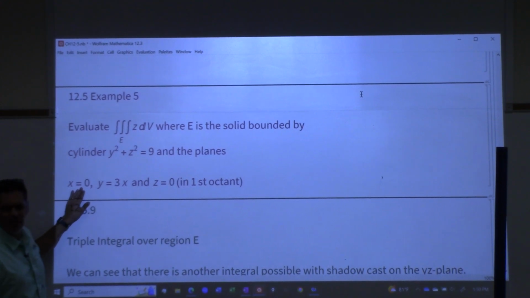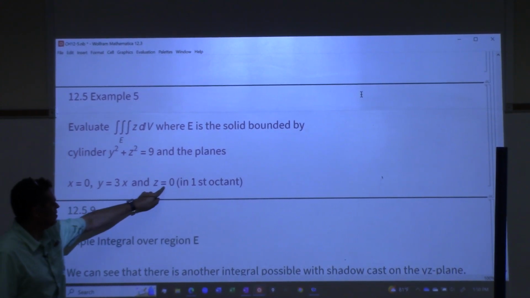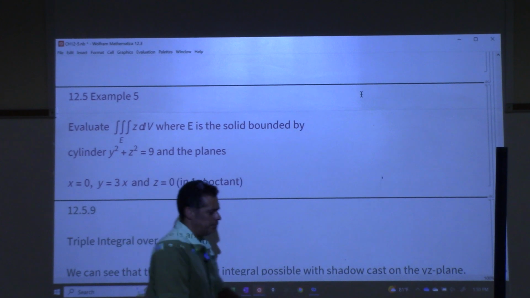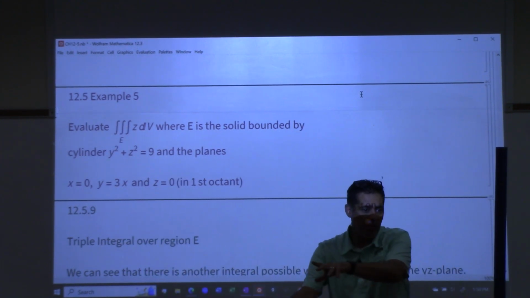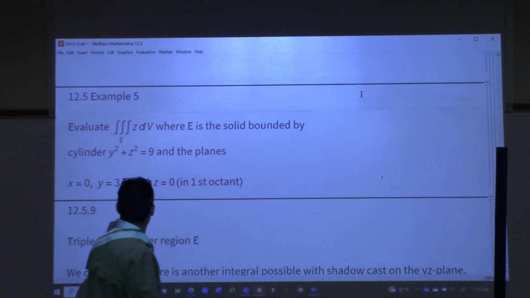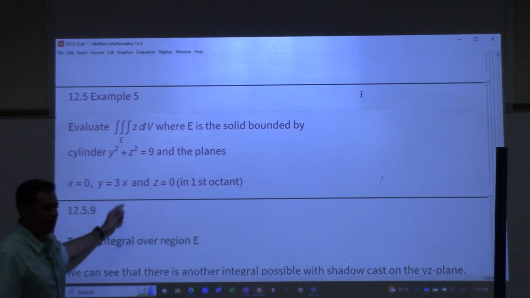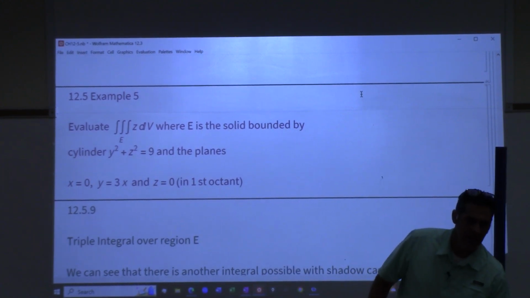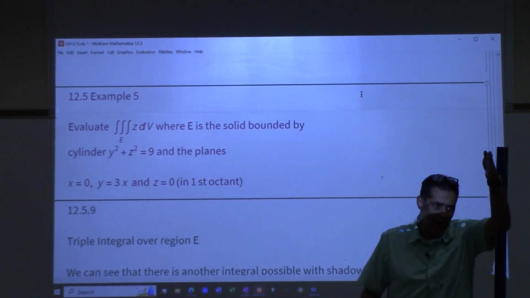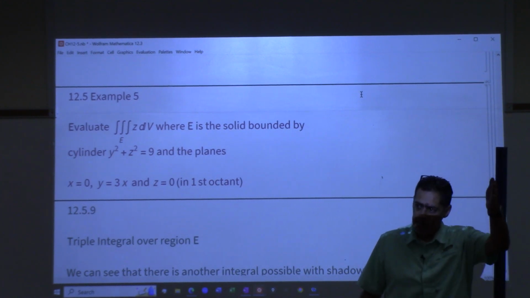I said that was the ground, didn't I? Yeah, I meant to say z equals 0 is the ground. x equals 0 is this wall. So I've got this wall, and the cylinder coming through. And then I have y equals 3x, which is a line in two-dimensional space, right? It's a line down here, but in three-dimensional space, it's a plane that goes straight up like this.